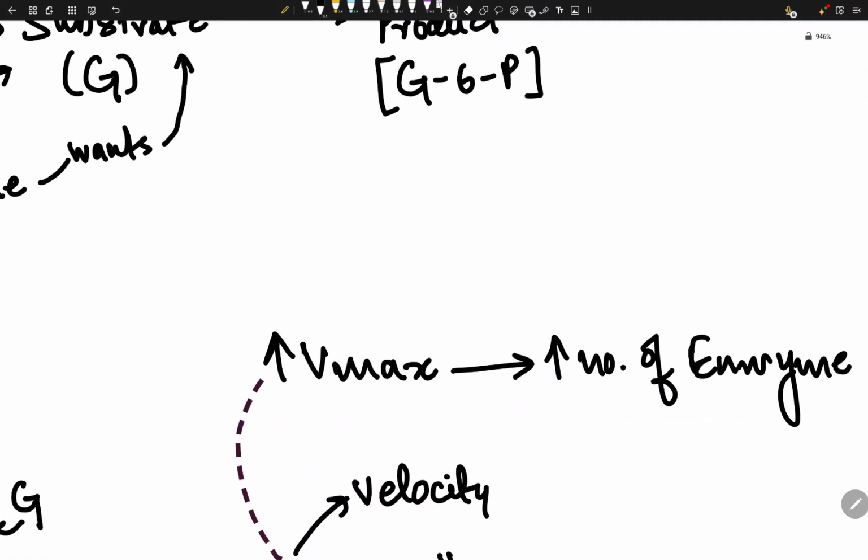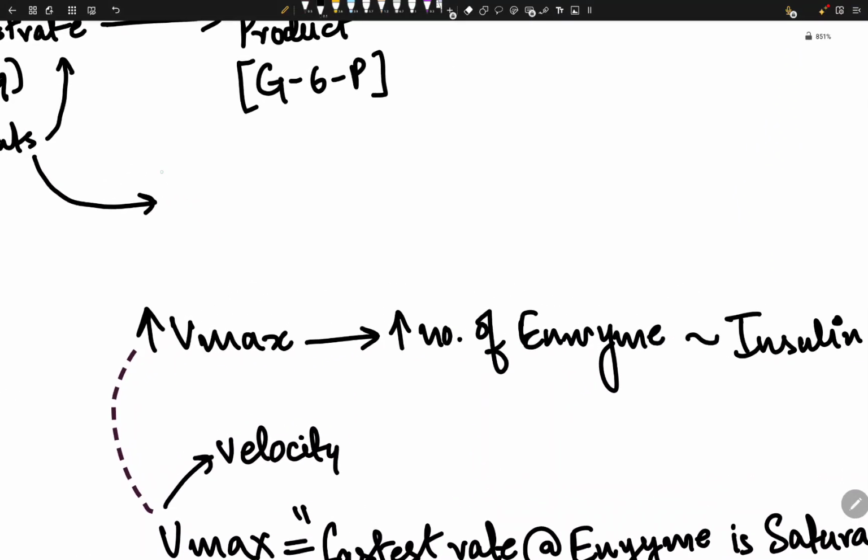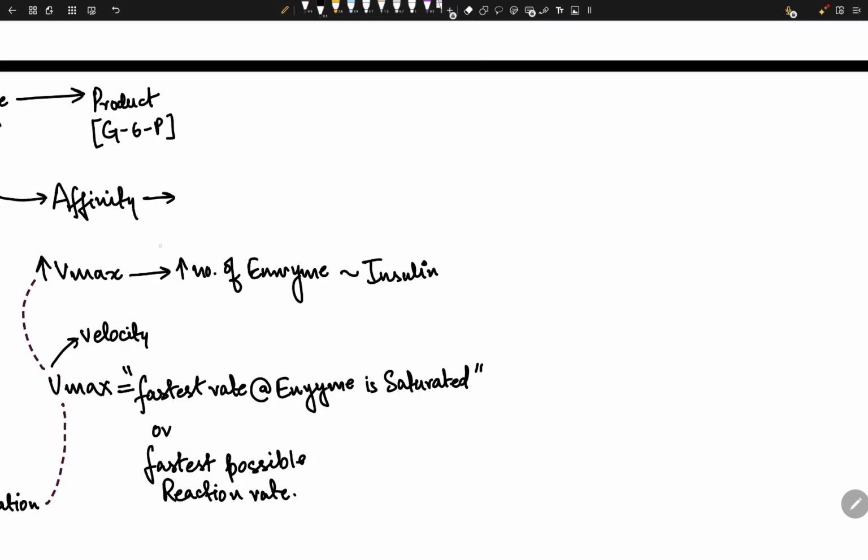Now we call this want something called affinity, right? Now what is affinity? Affinity is how strongly an enzyme binds to its substrate.